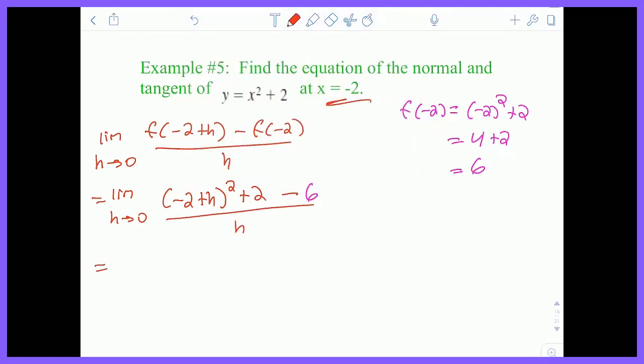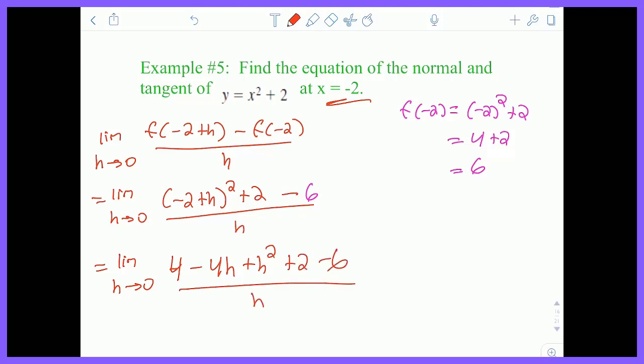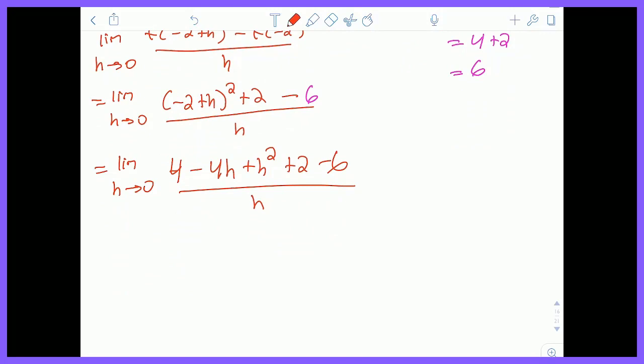Okay. And this thing equals the limit as h goes to 0 of negative 2 squared is going to be positive 4 minus 4h plus h squared plus 2 minus 6 all over h. So let's simplify. What do we got here? We've got a 4 and a 2 makes 6 minus 6 makes 0.